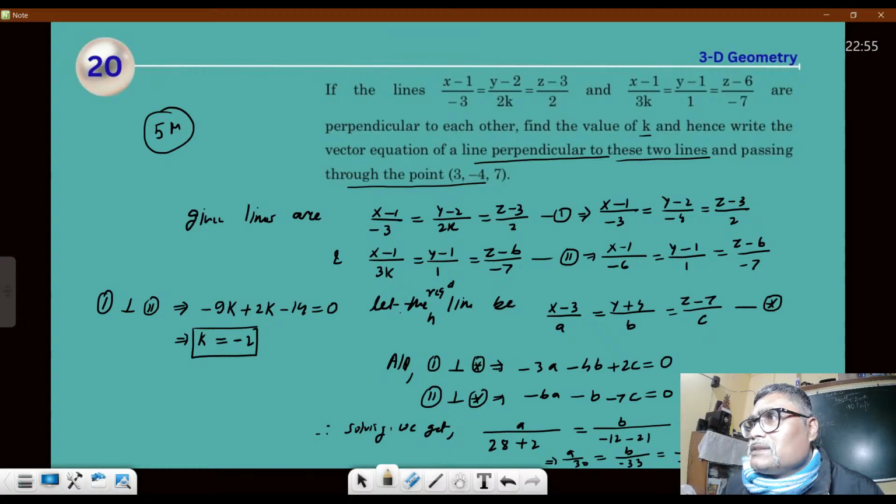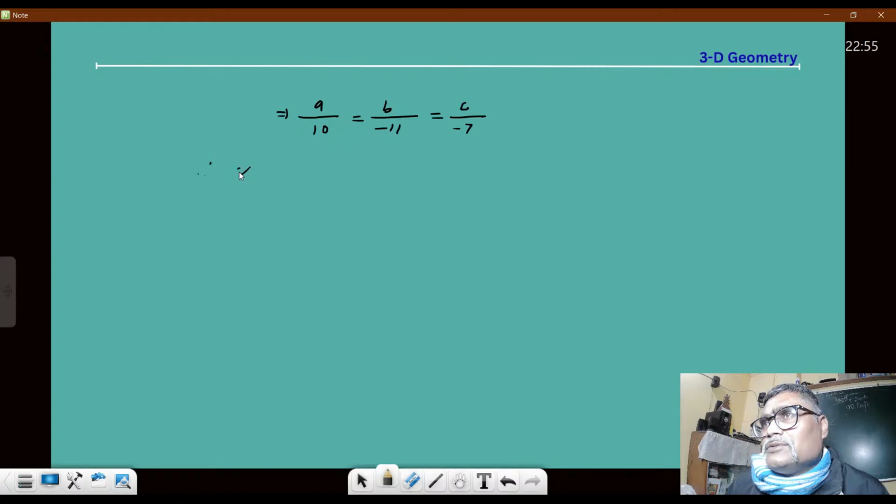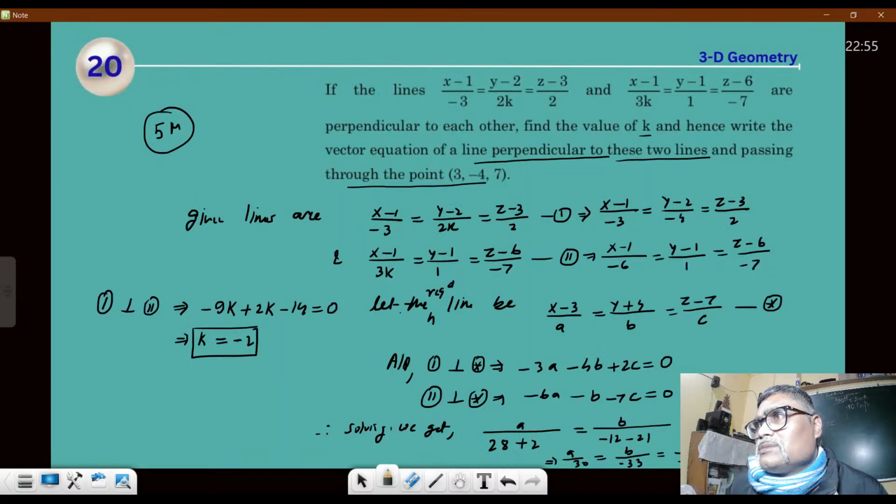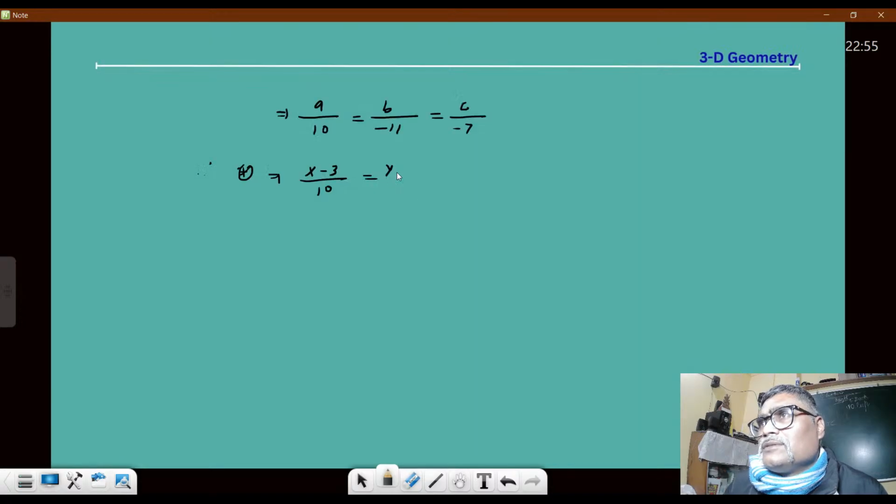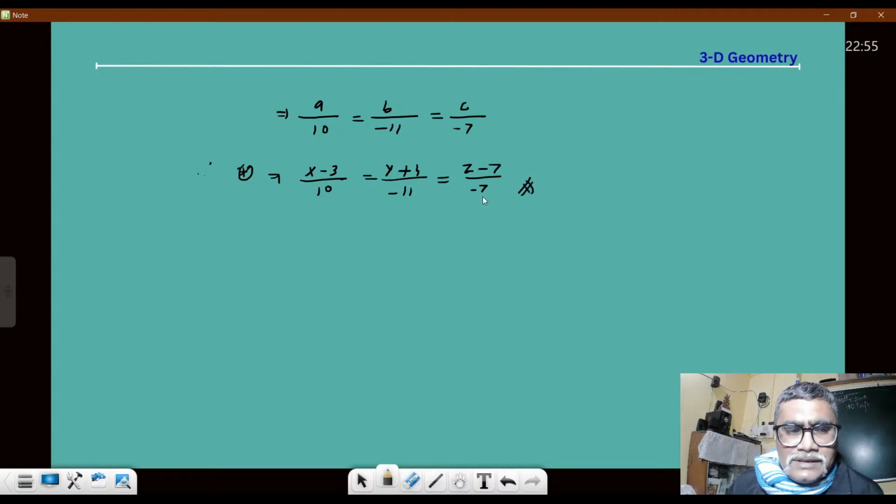So star is giving you (x minus 3) by 10, then (y plus 4) by this, and (z minus 7) by -7. So this is the required line. This is a good question. Please try to see that. Okay.